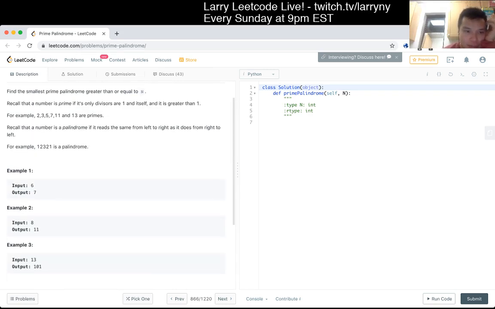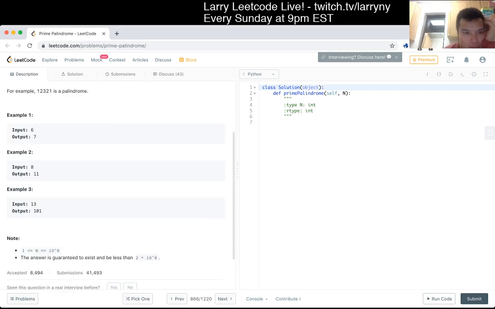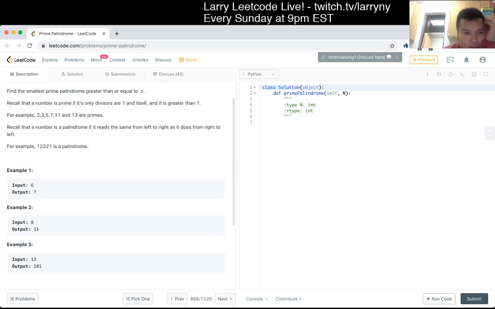So the other thing you would do, ideally, is to generate half the palindrome and then mirror it and then check to see if it's prime.